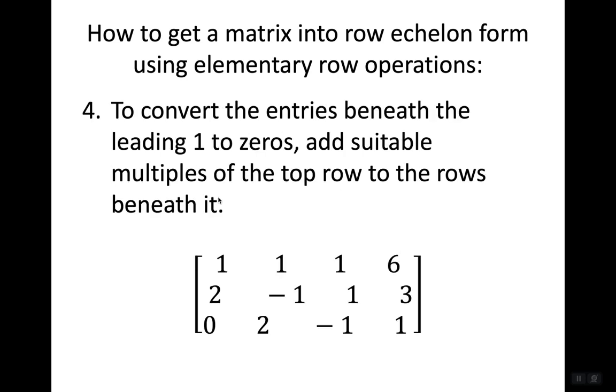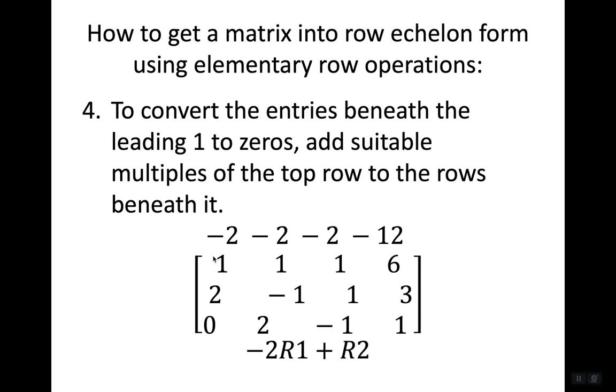To convert the entries beneath the leading one to zeros, add suitable multiples of the top row to the rows beneath it. So in other words, we're going to use this 1 to kill off the stuff underneath it. We're going to multiply row 1 by -2 and add it to row 2. I like to write the numbers above because it is so easy to mess up the algebra of matrices.